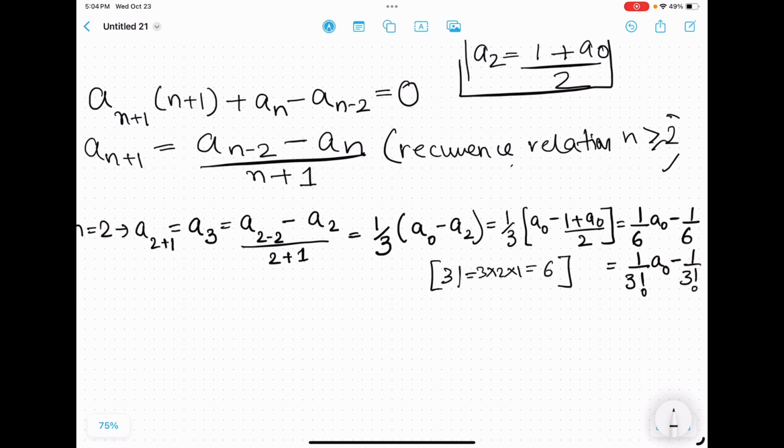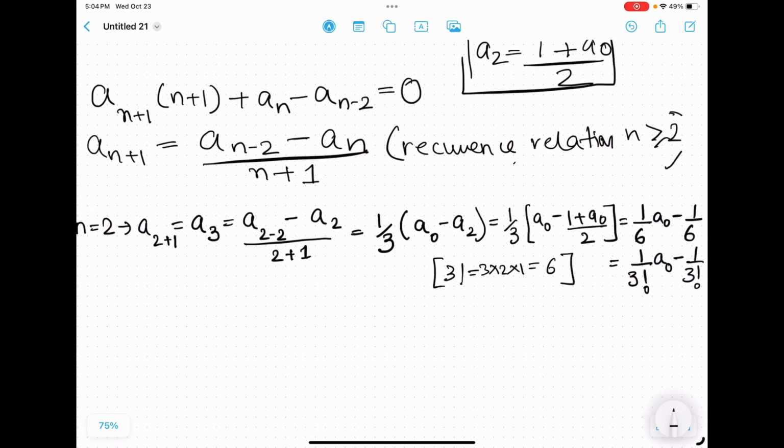Now let's find a sub 4. So I have n equals 3. I have a sub 3 plus 1, which is a sub 4, equals (a sub 3 minus 2 minus a sub 3) by 3 plus 1, which is 1 by 4, (a sub 1 minus a sub 3).